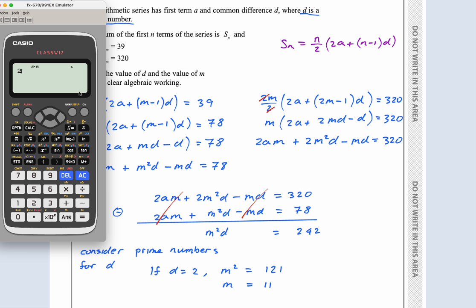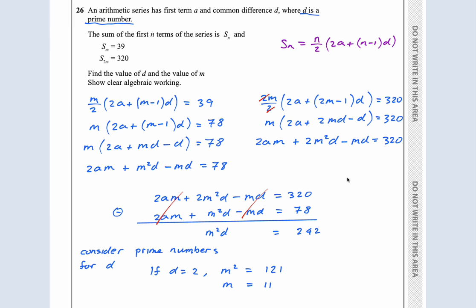And again, you can go through them all. Divide by 19, divide by whatever, but you don't have to go through them all, because we found it from the first one. And I would wager there is no other prime number that you can multiply by a square number to get 242. So fair enough, it's a difficult question.